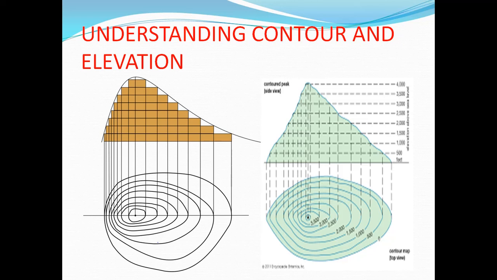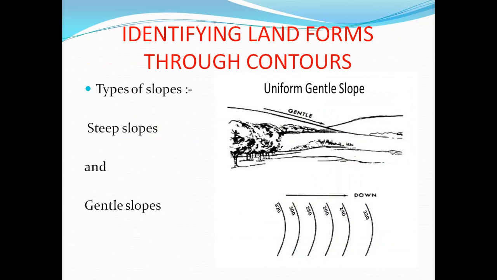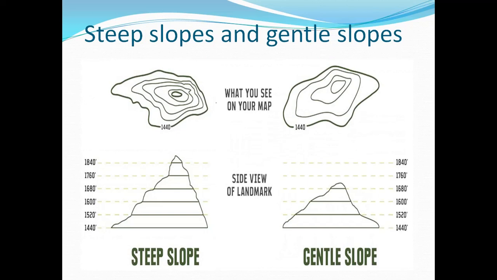If the lines are drawn very closely packed, then you can take it that it is a steep slope. You must have an idea about gentle slope and steep slope. Contour lines not only give the idea about steep and gentle slopes, but also the height of a place or the elevation of a mound or any physical feature.